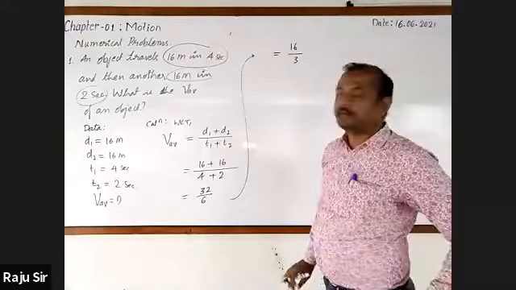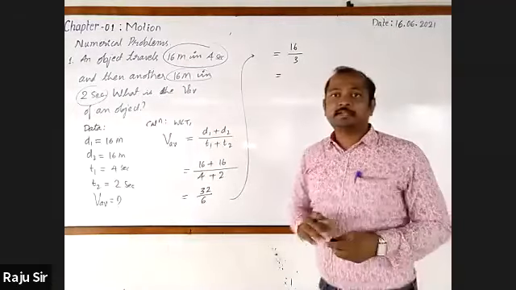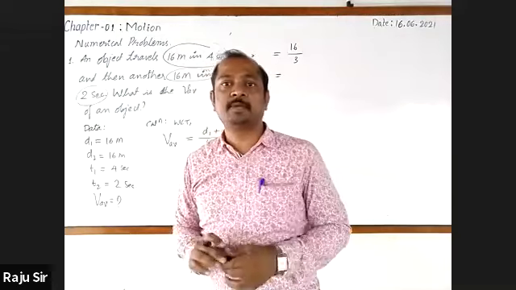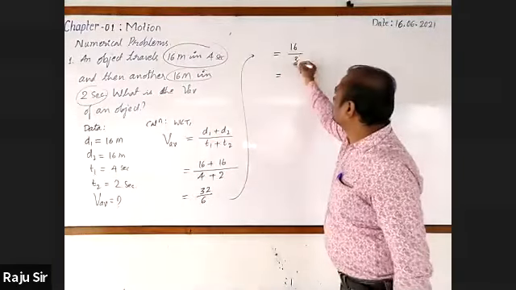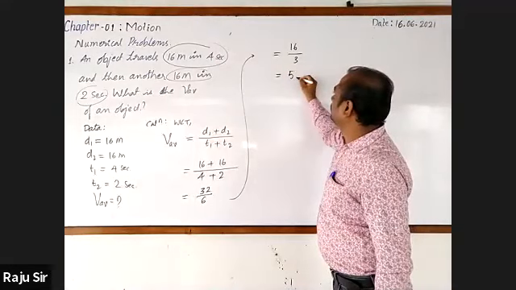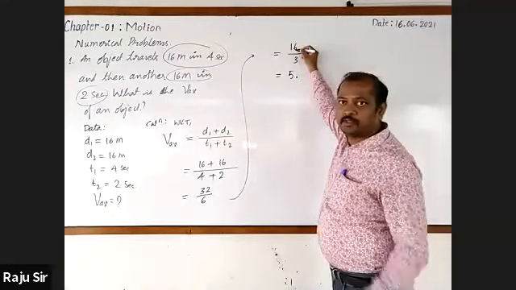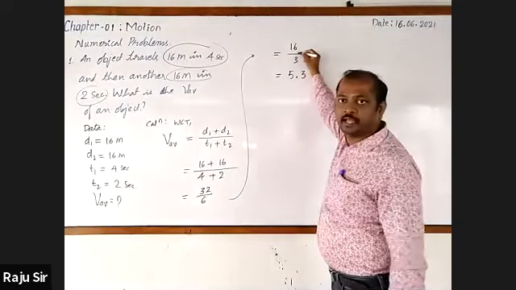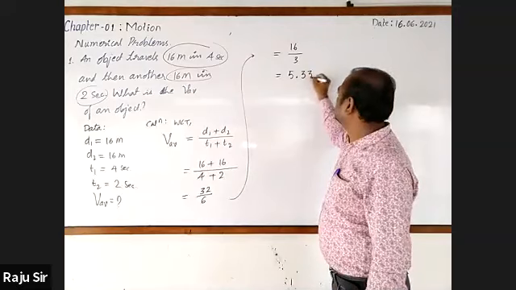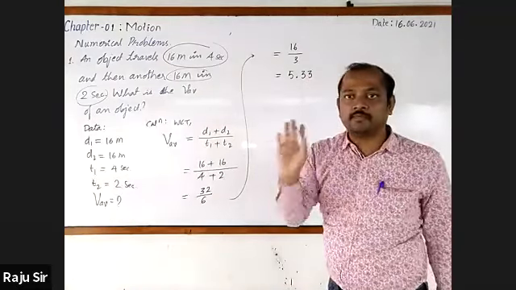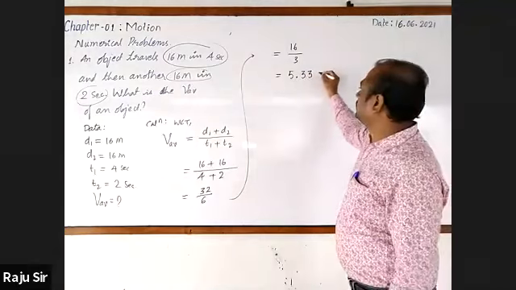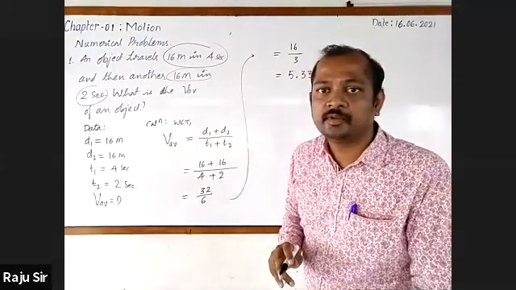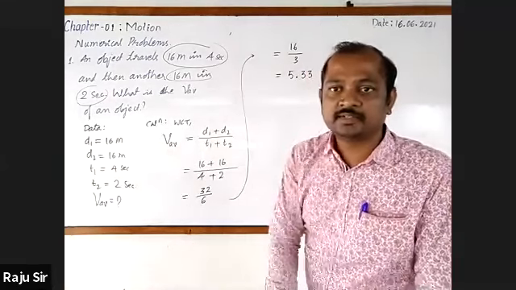Written up. Let us express this in decimal form, up to 2 digits in the decimal place. Here, 3 5s are 15. 1 will remain. So decimal takes 0. It becomes 10. 3 3s are 9. Again 1 will remain. 3 3s are 9. Only 2 digits are enough. So 5.33. What is the unit?